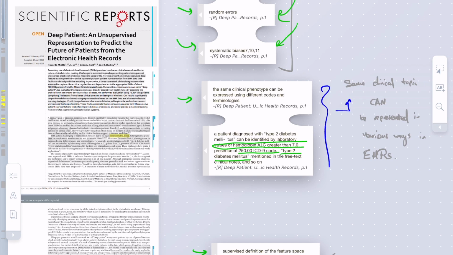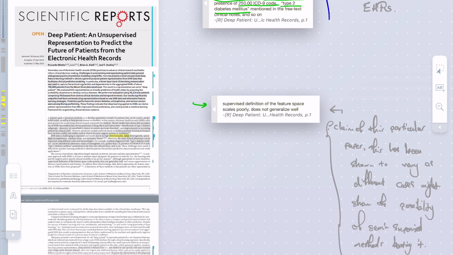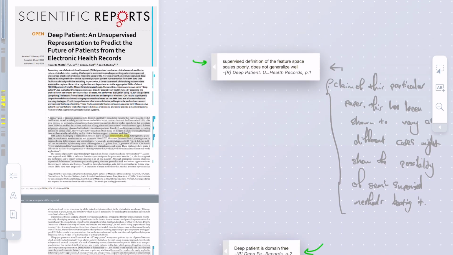For example, you could see a laboratory result with the value of hemoglobin A1C greater than 7.0. On the other hand, you could see the 250 ICD-9 code, again a representation of type 2 diabetes, or you can read the free text type 2 diabetes mellitus mentioned in the free text clinical notes. So again, it's going to be more challenging to represent them.